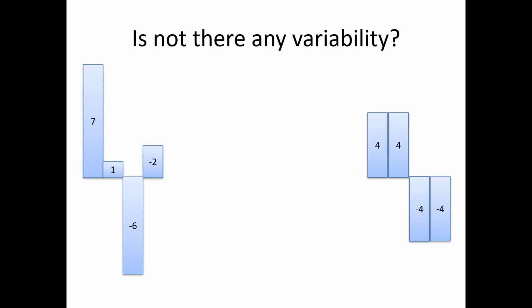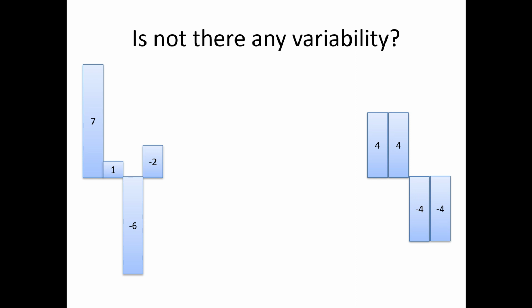And then the final and most important one is variability. The question is, is there a variability in these values? So you have 7, 1, -6, -2, and 4, 4, -2, -2.